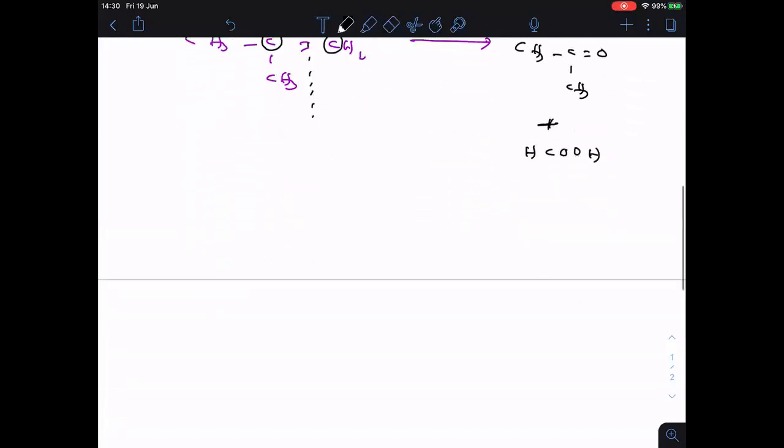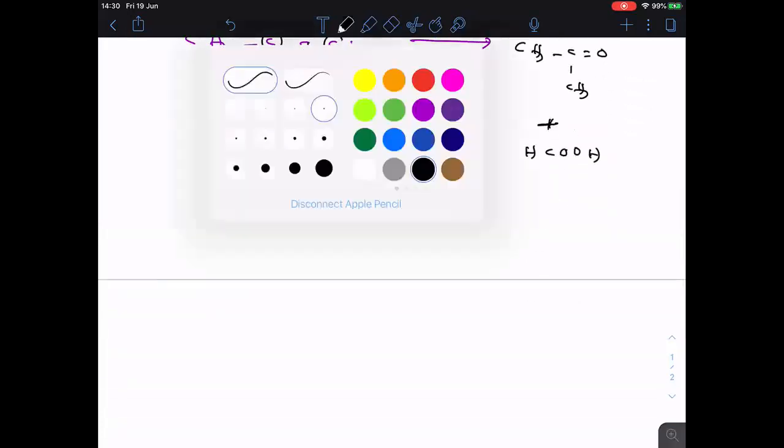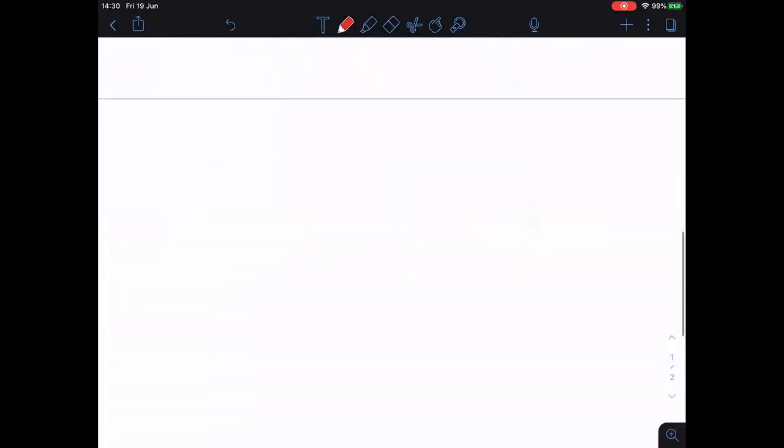Completed, everyone. So the first preparation method, from alkenes, is completed. Now coming to the second preparation method, which is from alkynes.